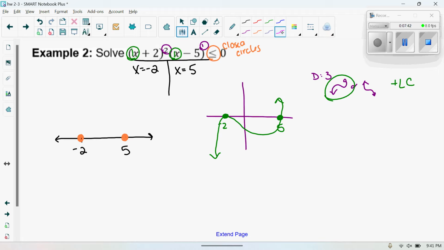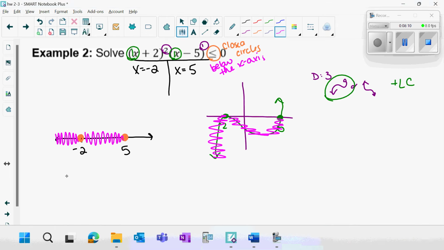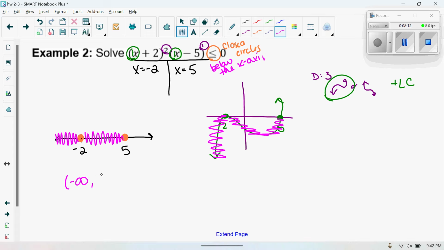It is less than or equal to 0, so I want it to be below the x-axis. So here to here, and here to there. So I am going to shade here on my number line up to -2, and then again between -2 and 5. And because I have a closed circle, it's going to be -infinity to 5. There's my solution.